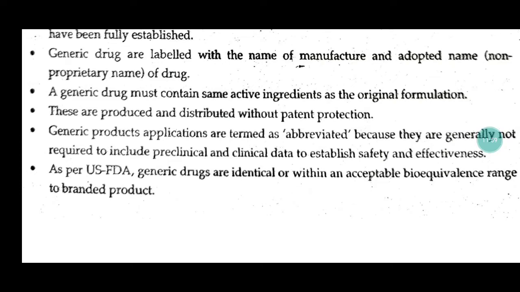The generic product applications are termed abbreviated because they are generally not required to include preclinical and clinical data to establish safety and effectiveness. As per US FDA, the generic drugs are identical or within an acceptable bioequivalence range to the branded product.